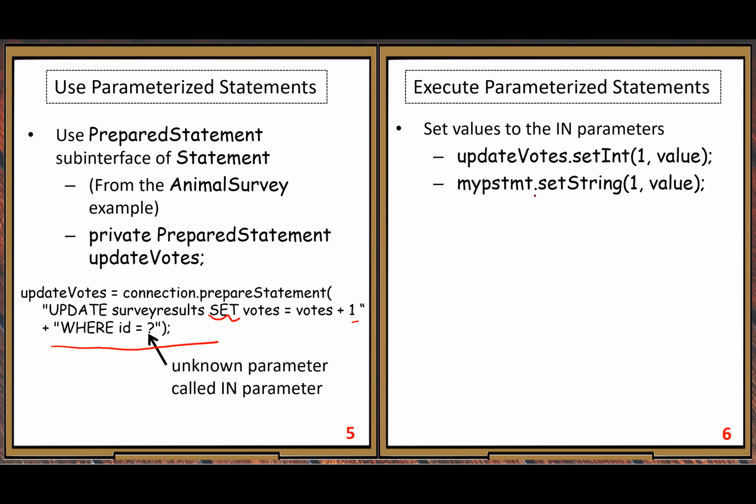Here, I also give you a string example. If your question mark corresponds to a string value, then you should use the set string method. The first question mark, the first int parameter. Suppose the value stores the runtime value, retrieved from the user's input at runtime.